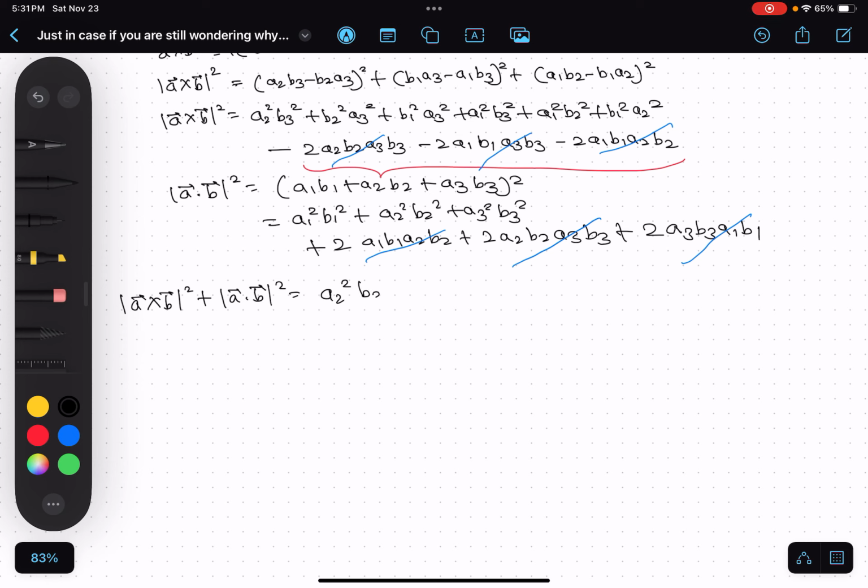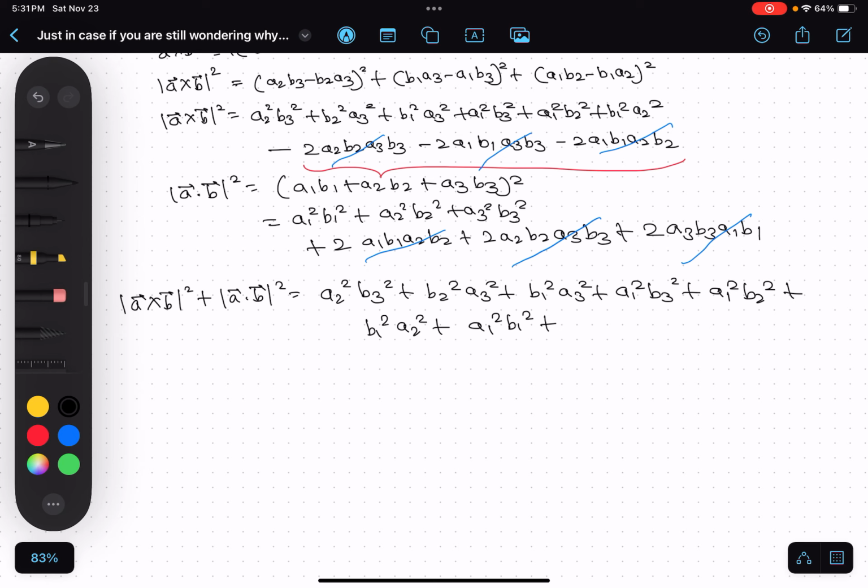a2 squared b3 squared plus b2 squared a3 squared plus b1 squared a3 squared plus a1 squared b3 squared plus a1 squared b2 squared plus b1 squared a2 squared, and so far this is from the cross product.